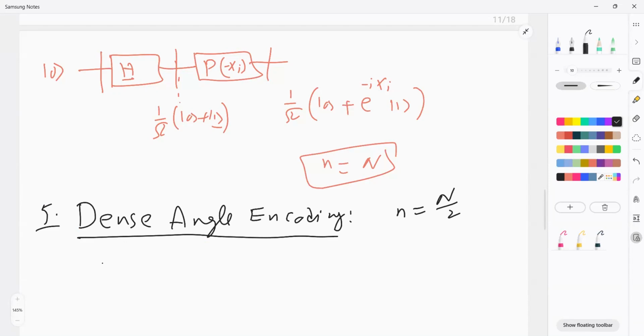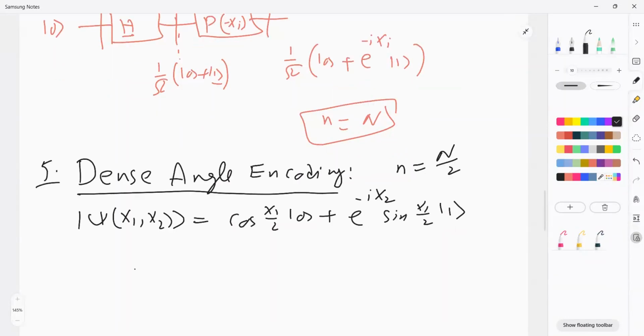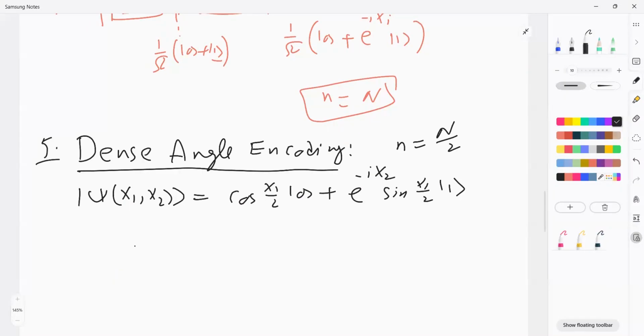Like if there are 10 features, we only need 5 qubits because we are now going to encode one feature in the angle and one feature in the phase of the state. So that's why it's called dense, because one qubit is carrying two classical numbers in its state.